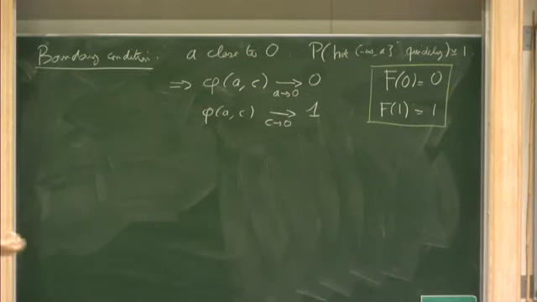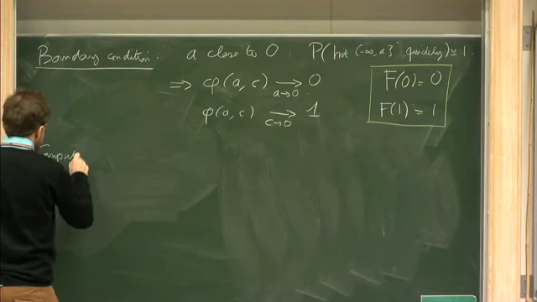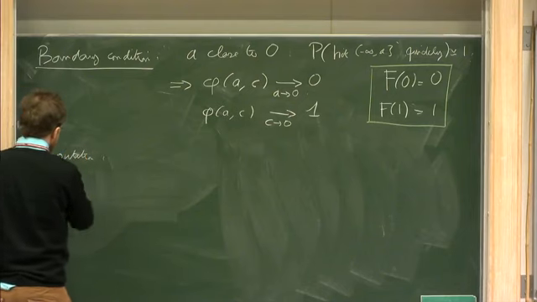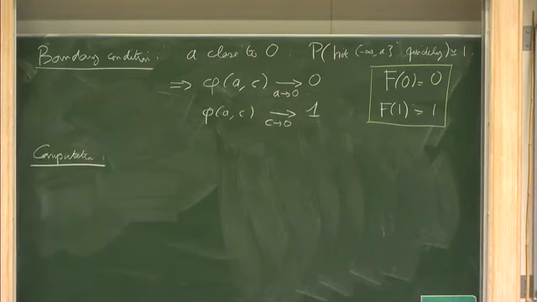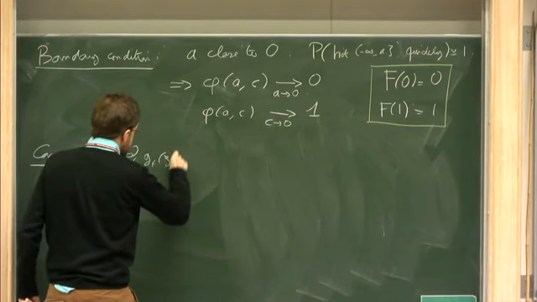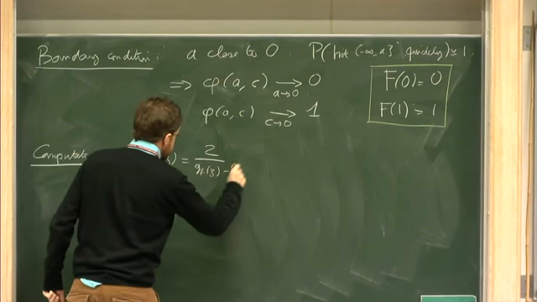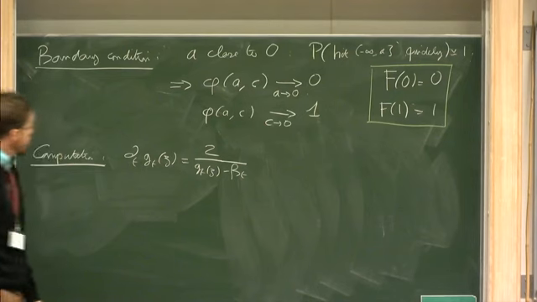Now we need to apply Ito's formula to compute things. So the computation: what do we know? We know that g_t solves the Loewner equation. So we know that d/dt of g_t(z) is 2 over g_t(z) minus beta_t.